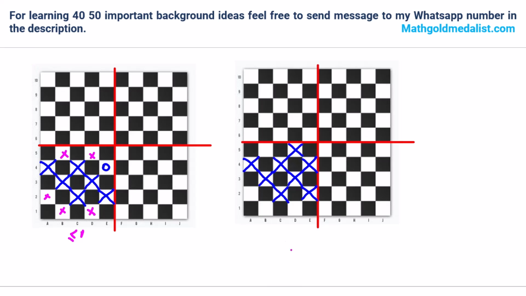Now, if we have here, let me write first one with blue and pink one. You can ignore this one, this one, and this one. Again, at most 1, right?